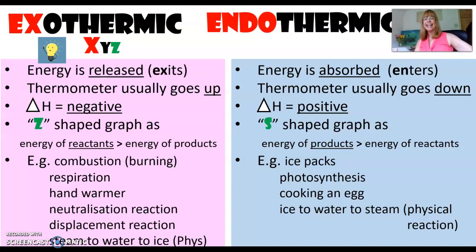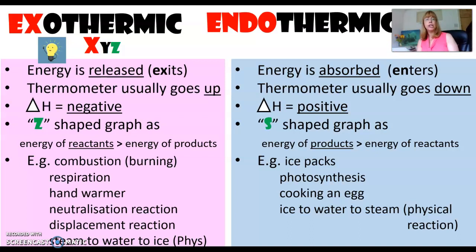It's exiting, and therefore it's going out into the environment. The thermometer reading is going to go up. Delta H is cross, it's negative, and I get that XYZ shaped graph because the energy of the reactants is higher than the energy of the products, giving me that Z shape.